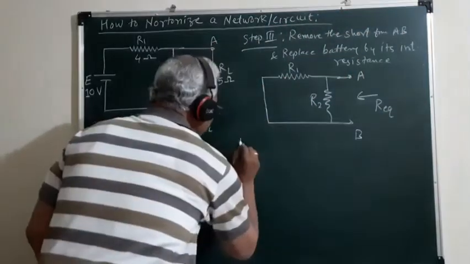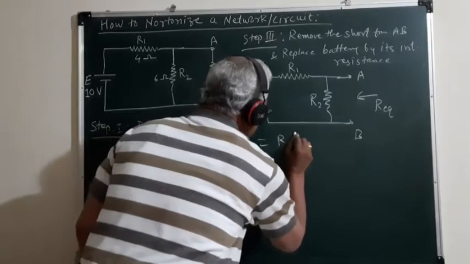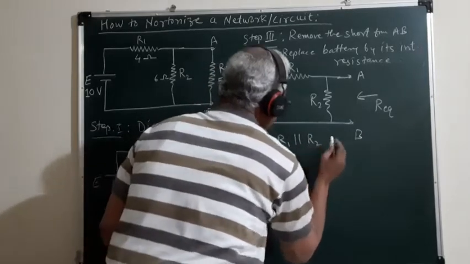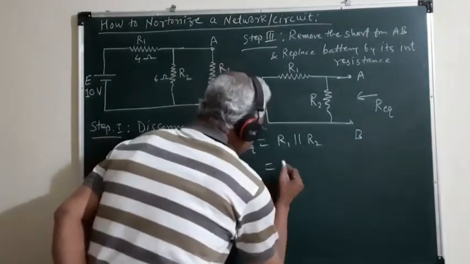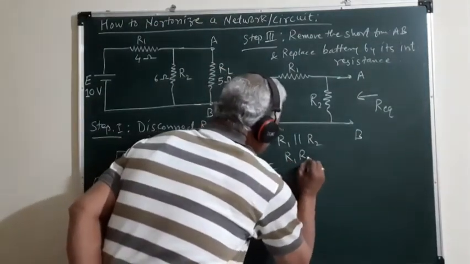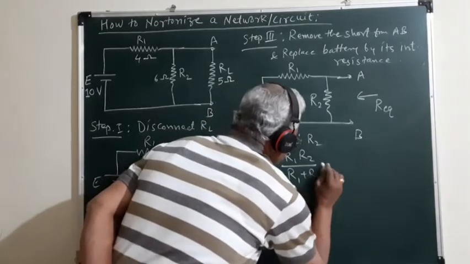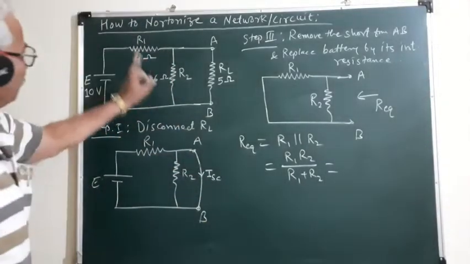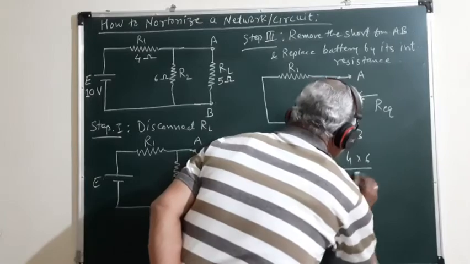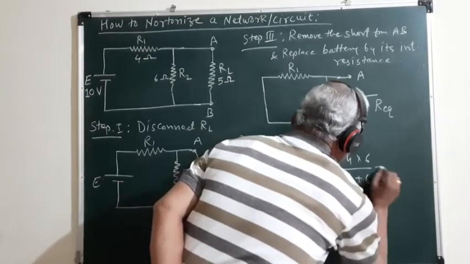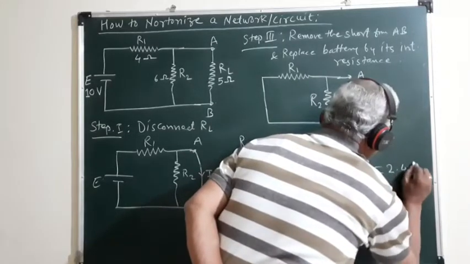So R equivalent is R1 R2 upon R1 plus R2, which gives 4 into 6 divided by 4 plus 6, so 24 by 10, that is 2.4 ohm.